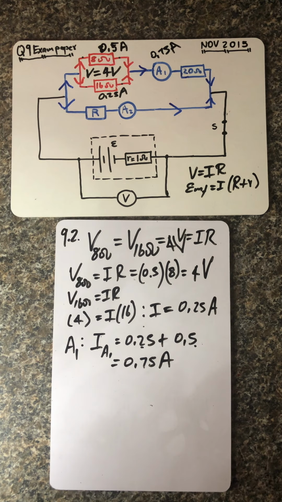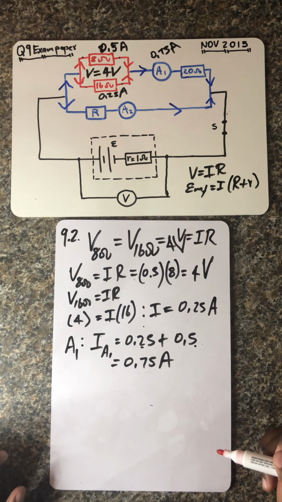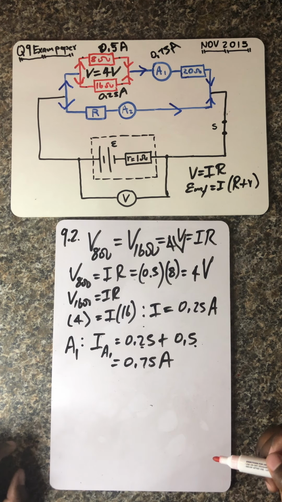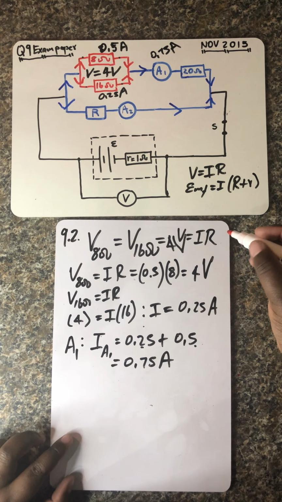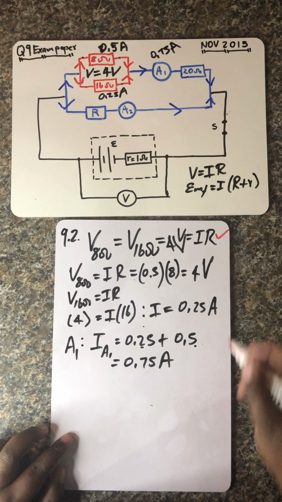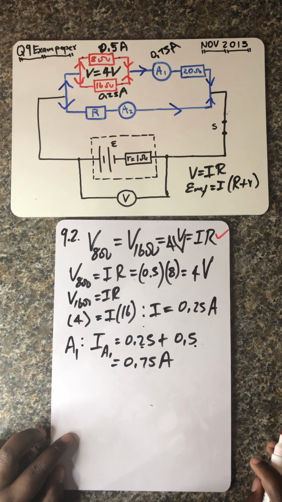So guys, that part, let's see where we score our marks. Obviously you might be lucky and score a mark from writing the correct formula, which is V is equal to IR.